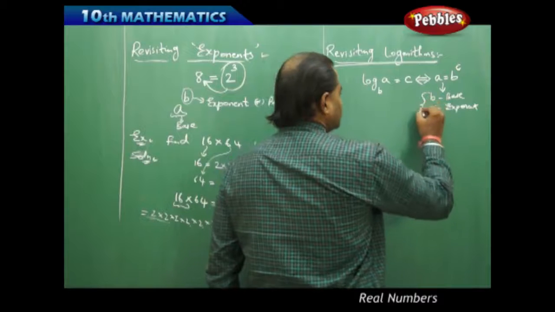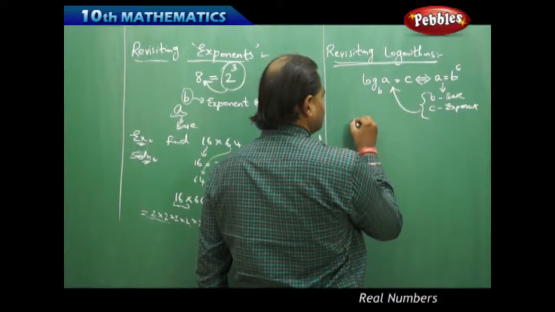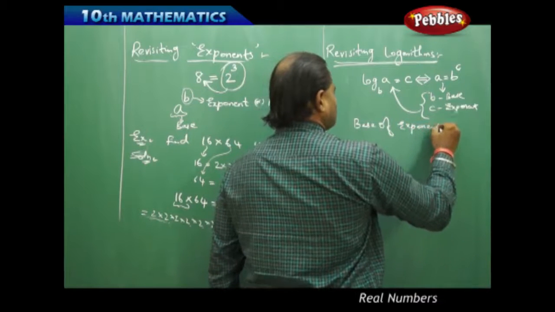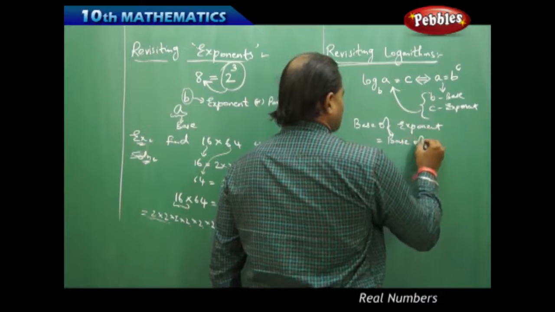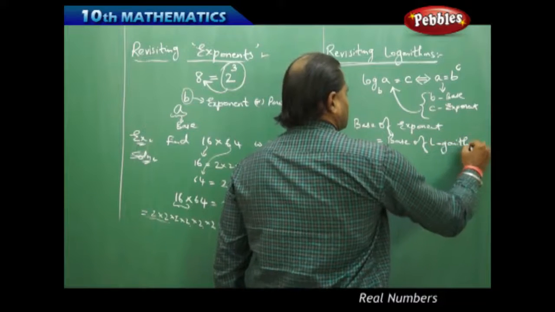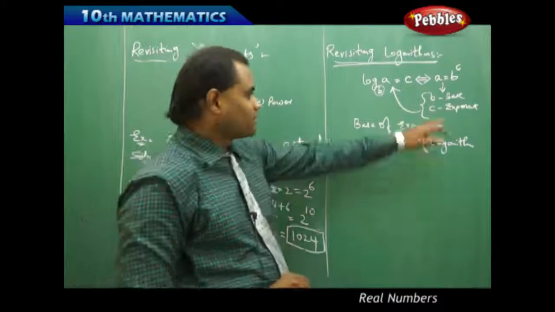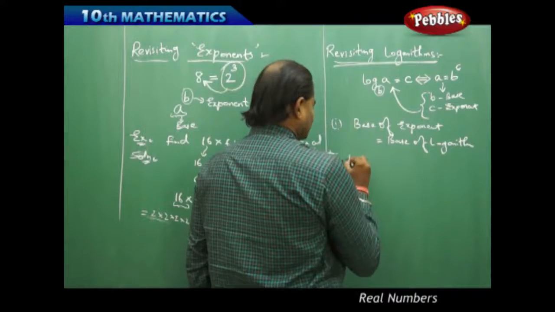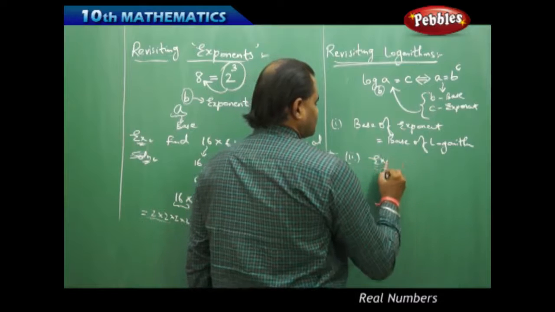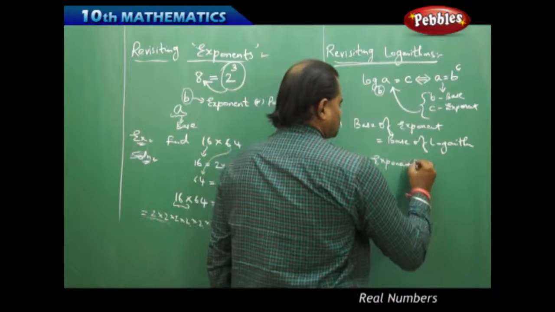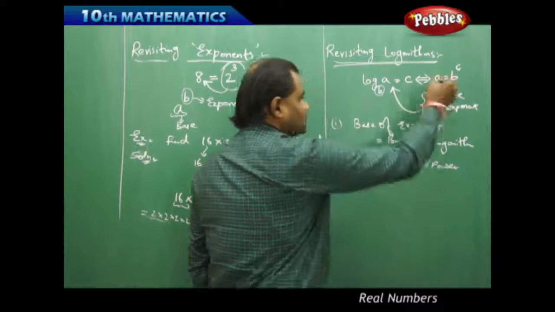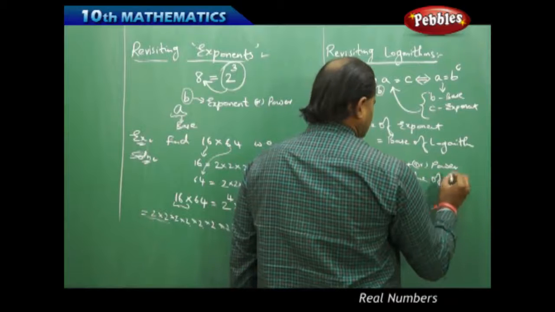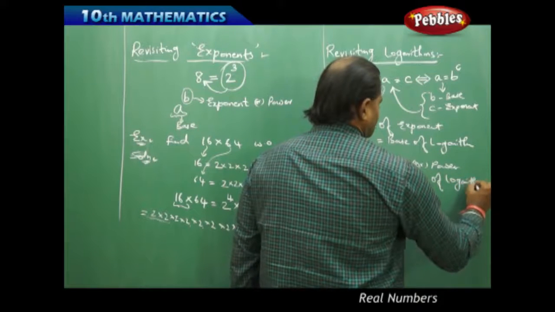So when I connect these two things onto the left hand side, I understand that the base of the exponent is nothing but the base of the logarithm. So the base of the exponent will also be the base of the logarithm, and secondly, the exponent or power of this exponential equation will be nothing but the value of the logarithm.